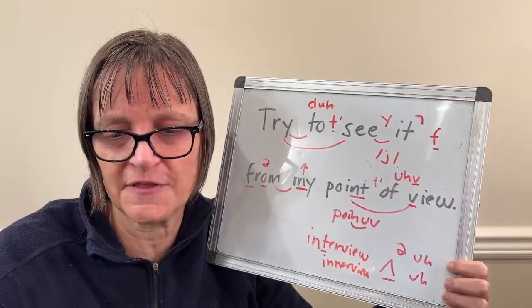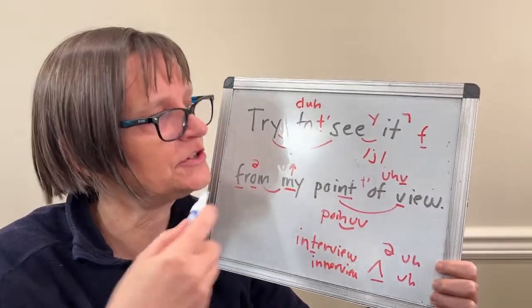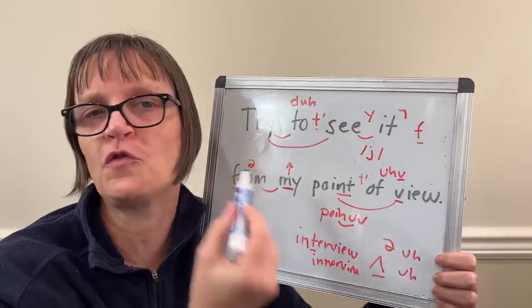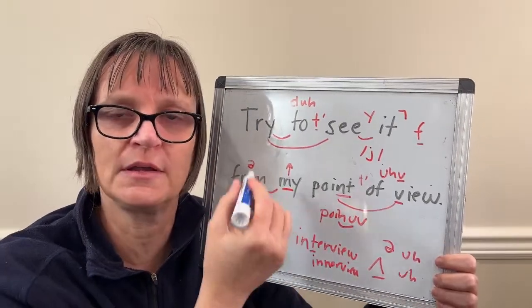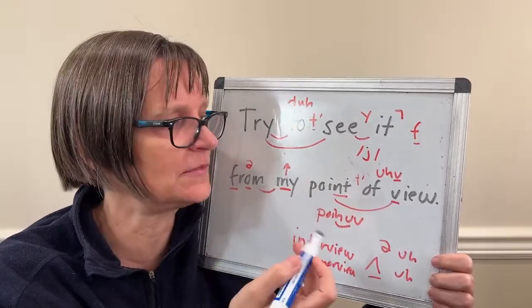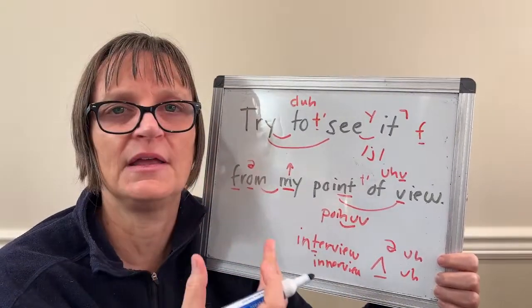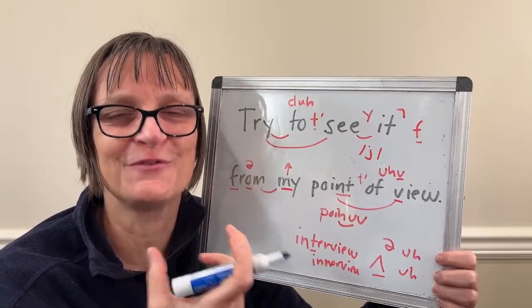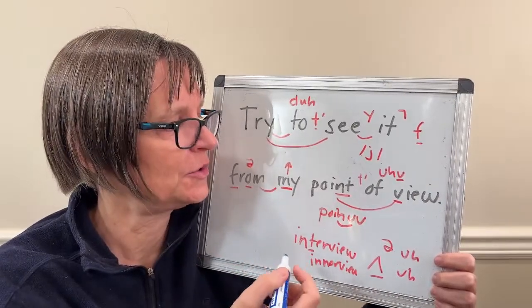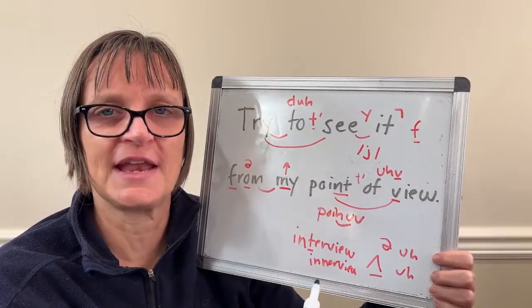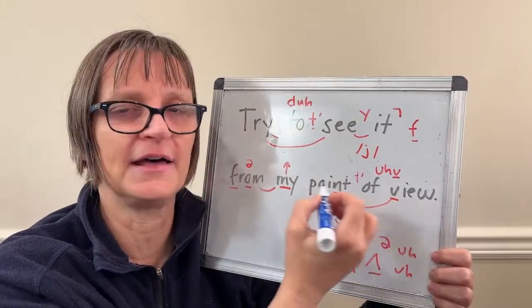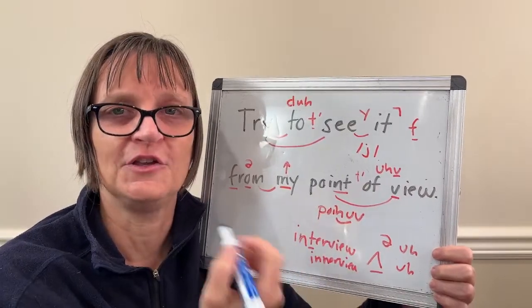I want to show you another practice technique when you're trying to implement these. Of course, you can go through one by one, slowly practice those linking and reductions, try to master all of those things happening, but it also can be very helpful to build from the stressed word. So we'll do some backwards chaining. We'll start at the end and then we'll add one word at a time. You can follow after me.